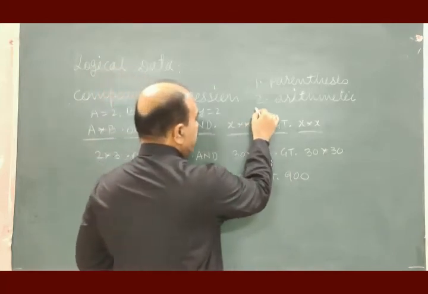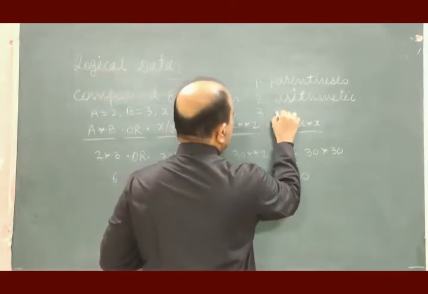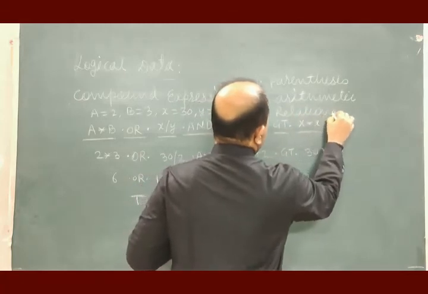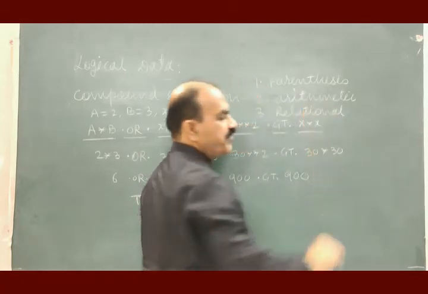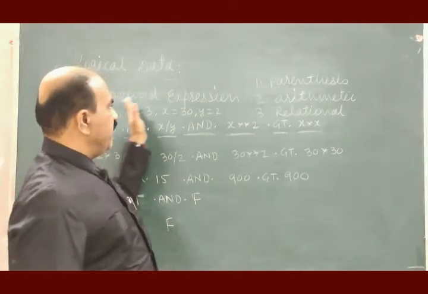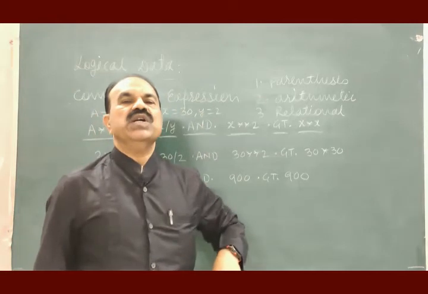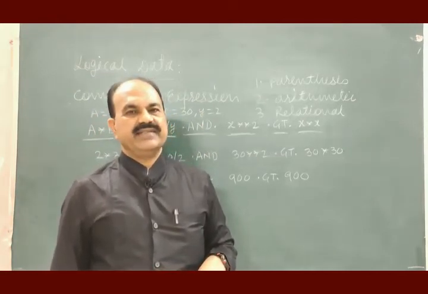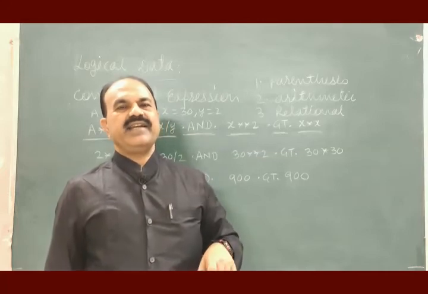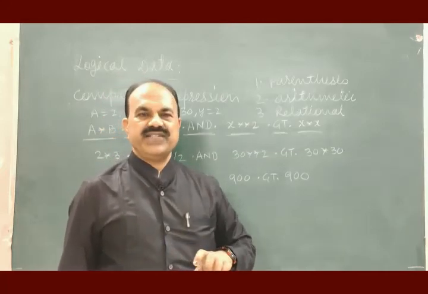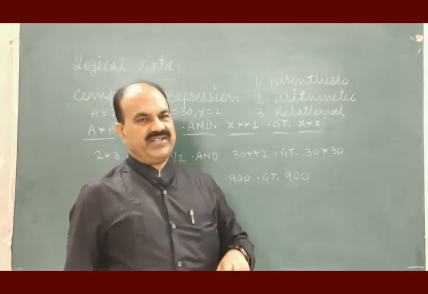The third priority is given to relational operators or relational operations. Third priority while solving compound expressions is given to relational expressions. Less than, greater than, equal to, less than equal to, etc. are known as relational operators.